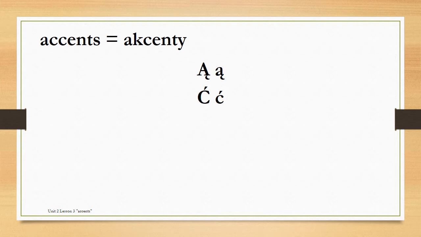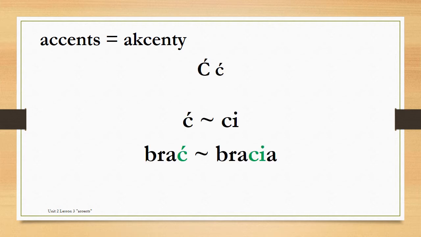Next one is ć. This is how you would spell it, and in the word the sound is ch. And again, ć might be also pronounced similar to just the combination of c-i, so ci, and the sound might be heard in the word brać, which means to take, and bracia, which means brothers.